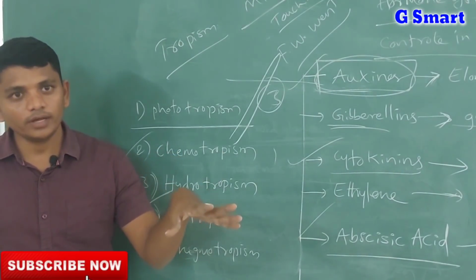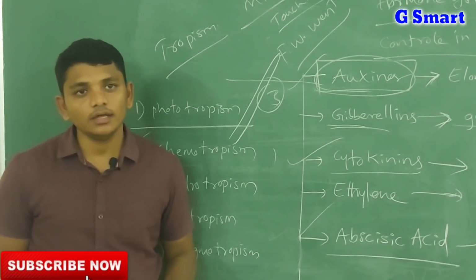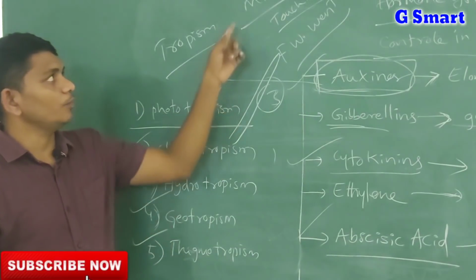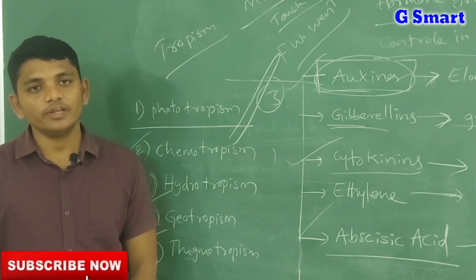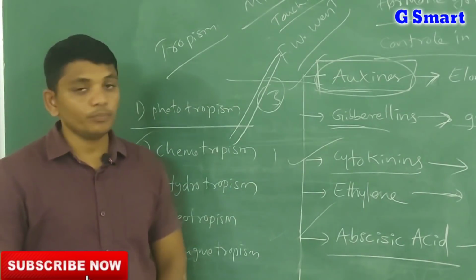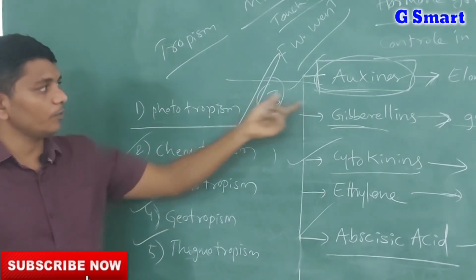Okay, this movement is thigmonasty. Where can we find thigmonasty? Mimosa pudica shows thigmonasty. Okay, it's a very big, important bit. Thigmonasty shown by Mimosa pudica is also happening with the help of auxins.